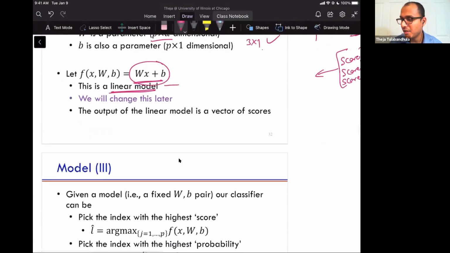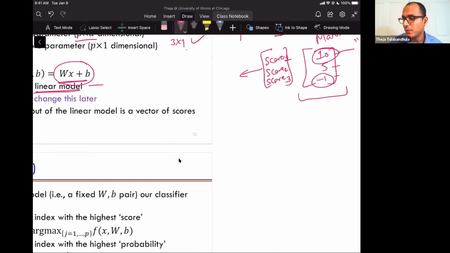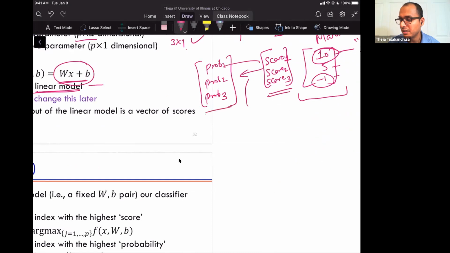But the word logistic comes from somehow transforming these scores to probabilities. Prob 1, prob 2, and prob 3. Sorry about the handwriting there. So there's a transformation which goes from these 3 numbers to 3 other numbers, let's say 0.9, 0.2, and 0.01. 3 other numbers which happen to be between 0 and 1, so they cannot be beyond that range, and that's why you interpret them as probabilities.